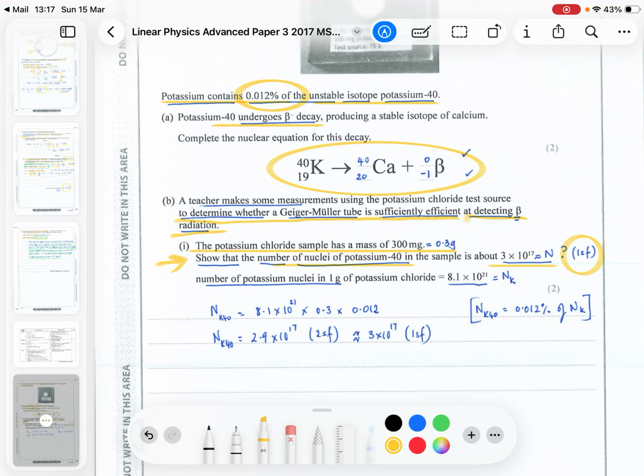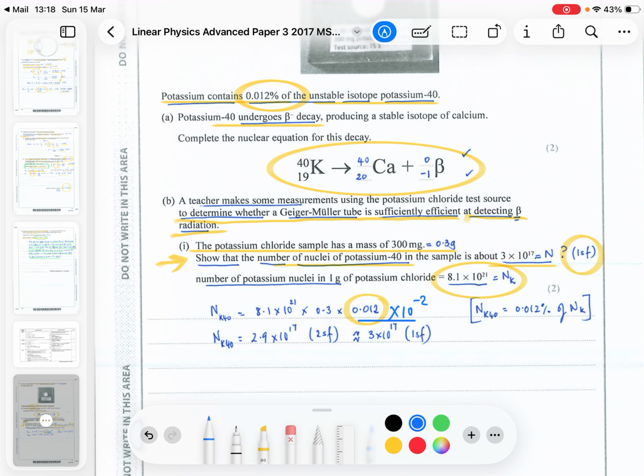So, another mathematical proof. The number of nuclei in 1 gram of potassium chloride is that, and 0.012% of those. So I should really divide that. I didn't do that, so that should be times 10 to the minus 2.